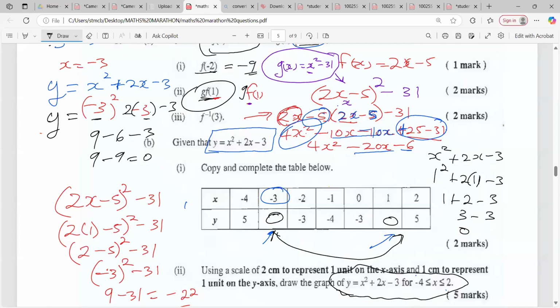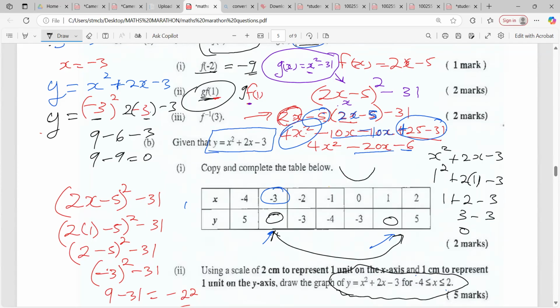We have done graphs already. Please don't use the ruler to draw the quadratic graph, only the straight line graph. Only straight line graphs are supposed to be drawn with the ruler. So you just curve it, guys, as you're supposed to. Use your hand and curve the graph.